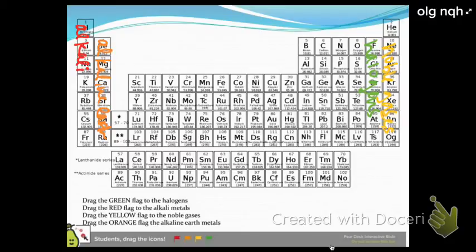Let's start with the alkali metals. These are group 1. All right, the alkali metals have 1 valence electron. That means they are super, super reactive. Okay, very reactive.